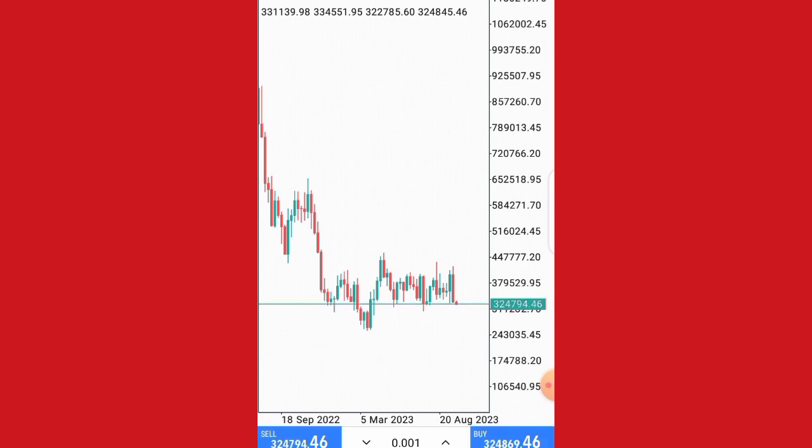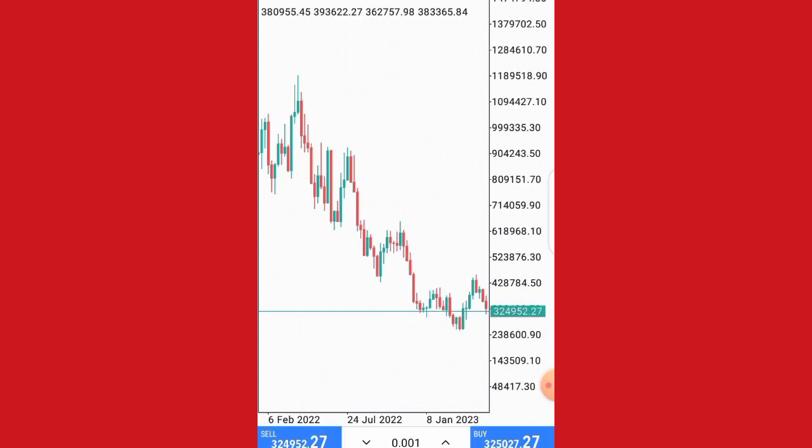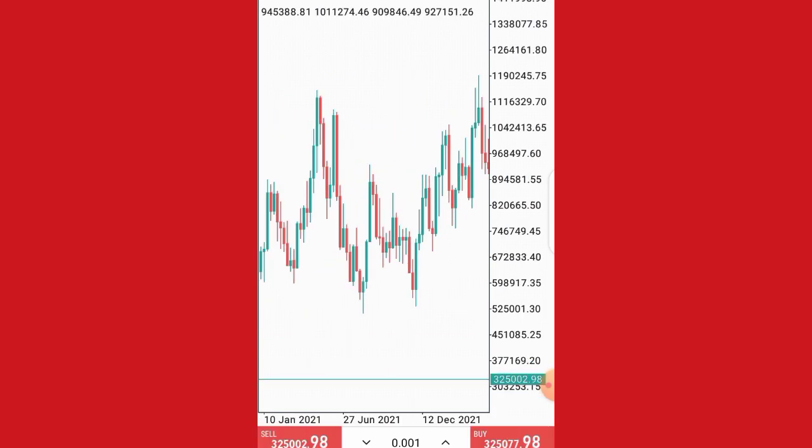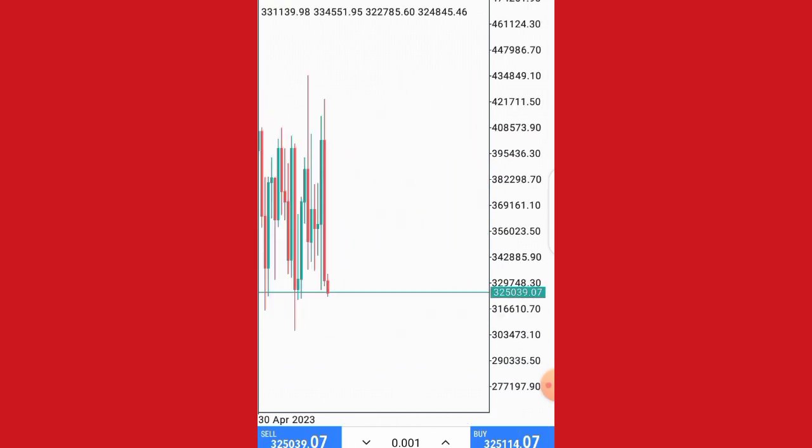So I'm actually on the weekly time frame, and I'm going to mark my support and resistance, and after that we will switch to the lower time frames like the daily or the 4-hour time frame to spot these guys. In fact, if you want to be profitable trading, consider taking all your actions on the higher time frame.